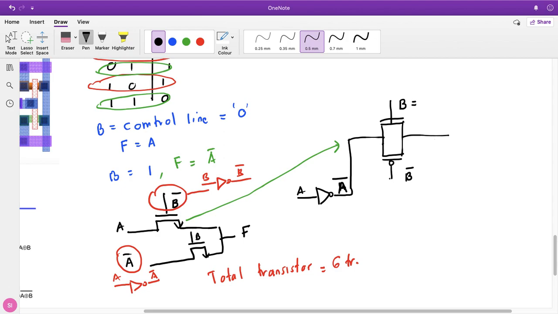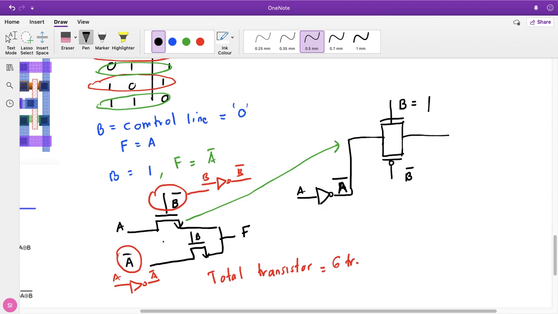At the same time, B equal to 1 for the PMOS is given as B bar, and the gate value becomes 0 due to the B bar. So again, this PMOS is also turned on. This provides a strong 0 instead of the weak 1 due to a single pass transistor NMOS.